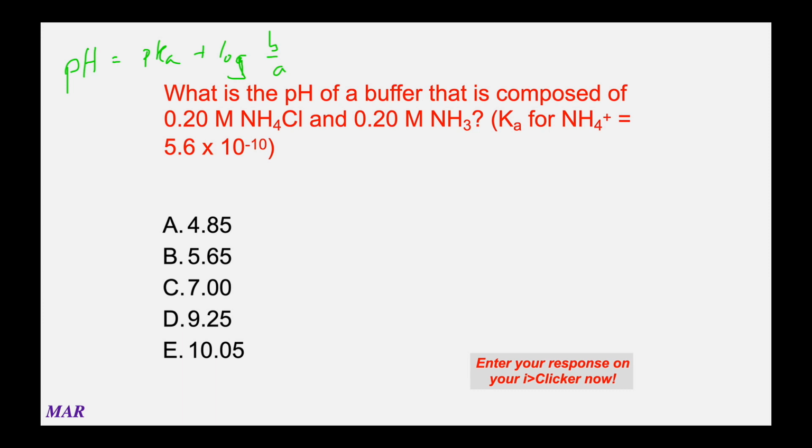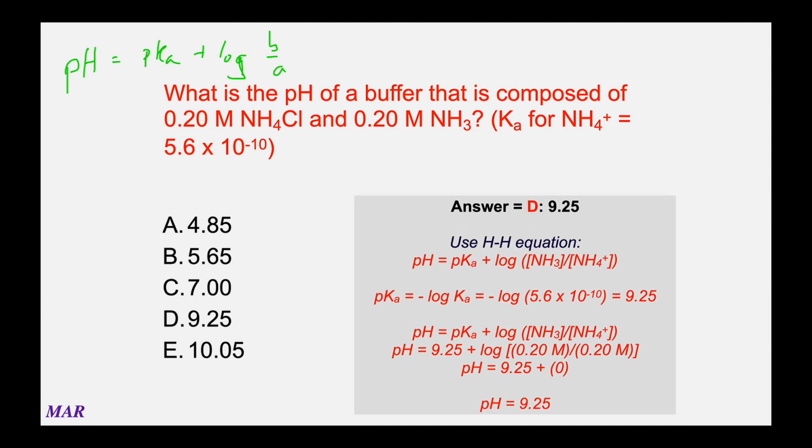So in this problem, pH is going to equal pKa, which is 9.25. If the base and acid concentrations, the ammonia and the ammonium, are the same, then pH equals pKa. So minus log of 5.6 times 10 to the minus 10th is 9.25. That's how you're going to find pH here.